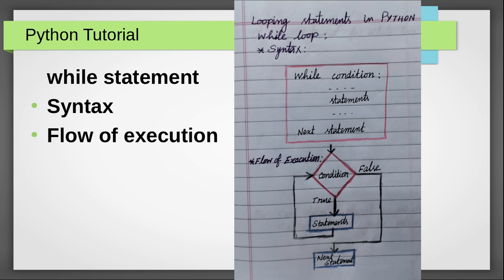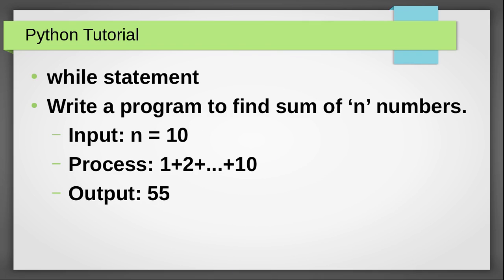So let's look at one example program. The program is: write a program to find the sum of n numbers. If suppose my input value n is equal to 10, my output value is 55. So what is the process? Here 1 plus 2 plus 3 plus 4 and so on up to 10, because here the n value is 10.